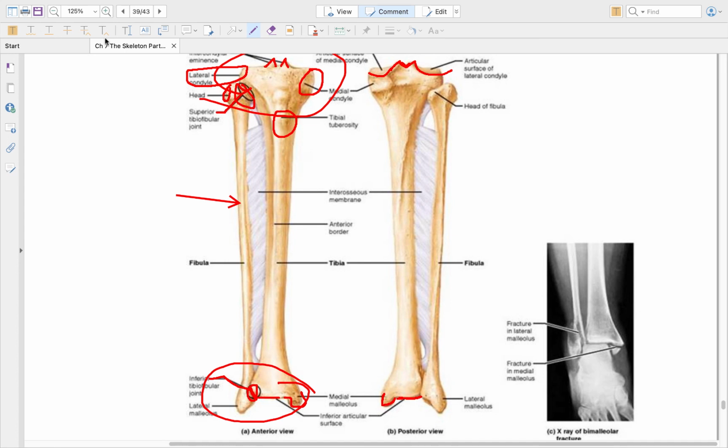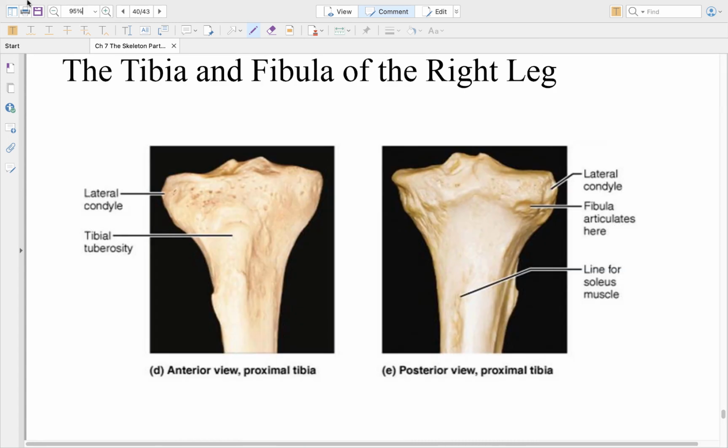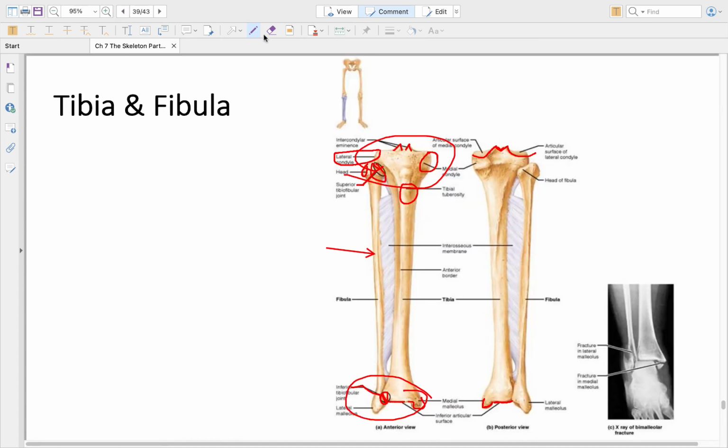Now, as for bone markings for the fibula, for this one we just need to know where it articulates with the tibia. So that superior tibiofibular joint, the head, the inferior tibiofibular joint, and the lateral malleolus.